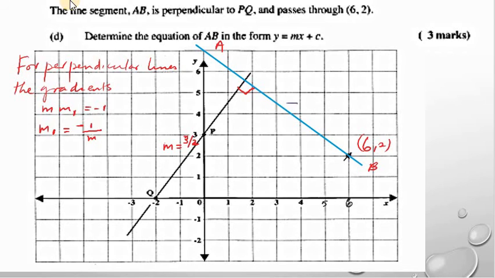This gradient is negative to start with, and then the reciprocal means that you flip the fraction. So this is -2/3. This is the gradient of the perpendicular line. Let us call it m1. In this case, m is equal to 3 on 2, so m1 is equal to negative 2 on 3.